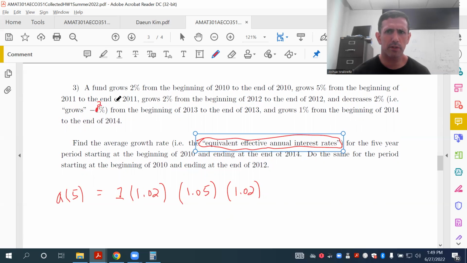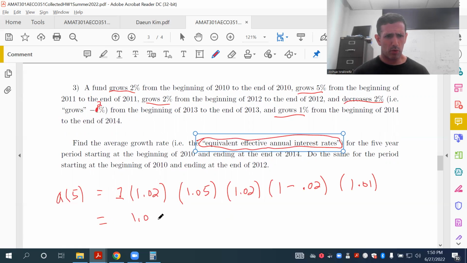It was a 2 here; in 2013 it decreases 2%. So I'll write it out here. It's really 1 plus 0.02, 1 plus 0.05, 1 plus 0.02. So it's 2% growth, 5% growth, 2% growth, 2% decrease, so it's 1 minus 0.02, which is 0.98. And last but not least, in 2014, it grows by 1%, 1.01.